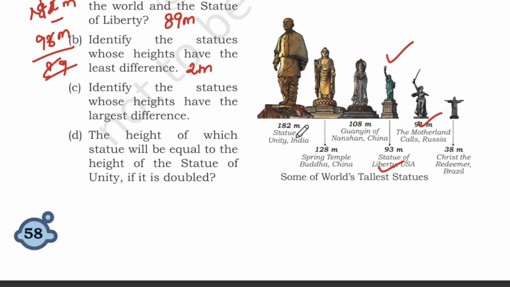So here the largest is the Statue of Unity of India, which is 182 meters, and the least one we have is Christ the Redeemer, which is in Brazil, which is 38 meters.